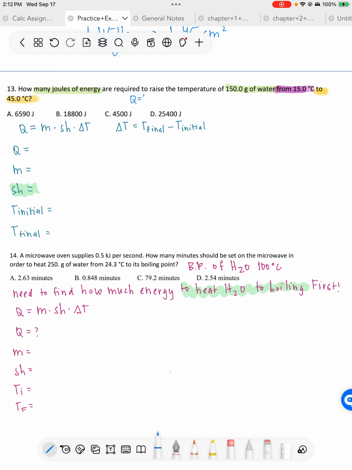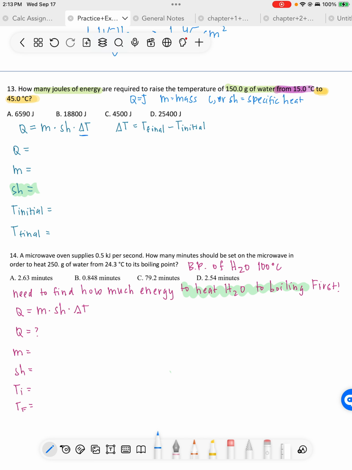That's like our energy. And then we have M, which is our mass. We have C, or I write it SH, which is our specific heat. And then we have this change in temperature.